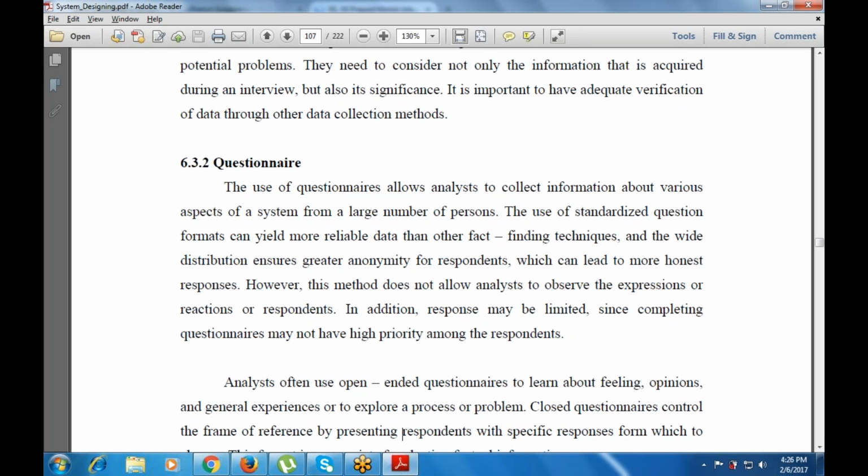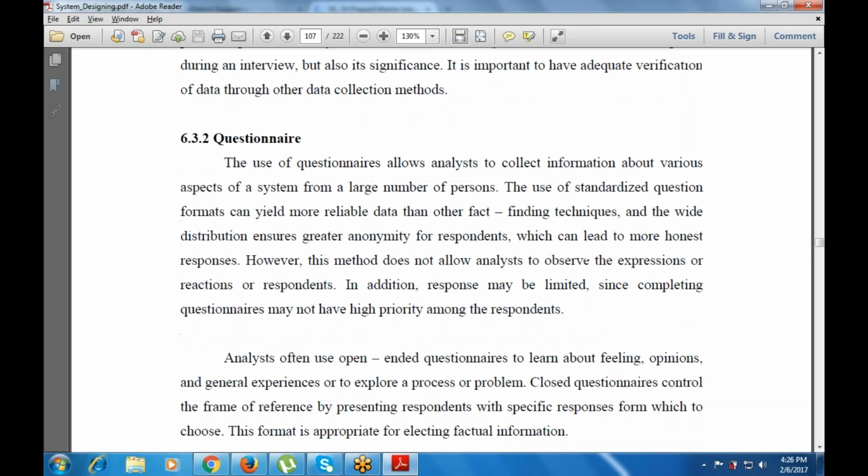The analyst can often use open-ended questions to explore feelings, opinions, and general experience about a problem or a process. Closed questionnaires control the frame of reference by presenting the respondent with specific responses from which to choose, and this format is very appropriate for eliciting factual information.